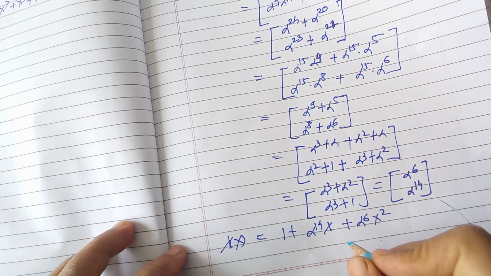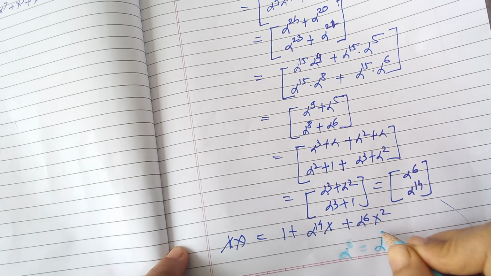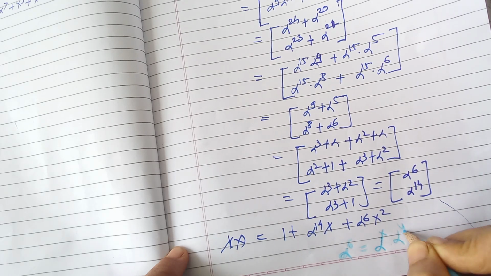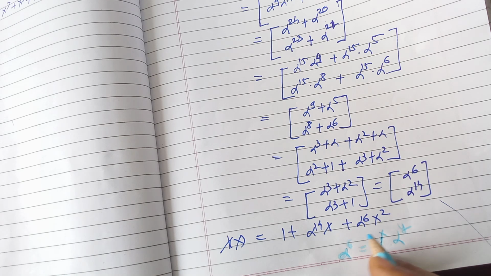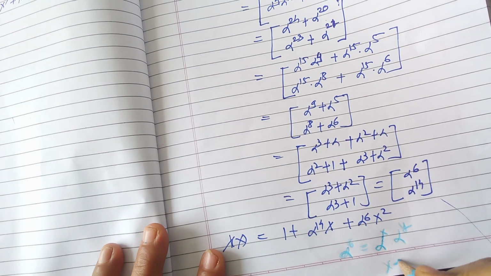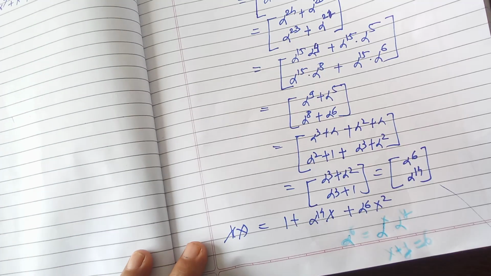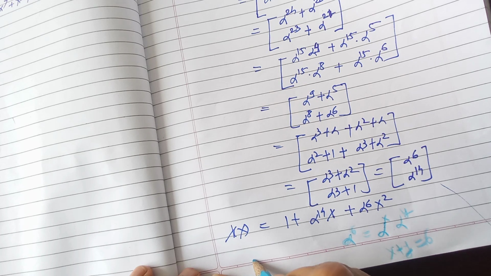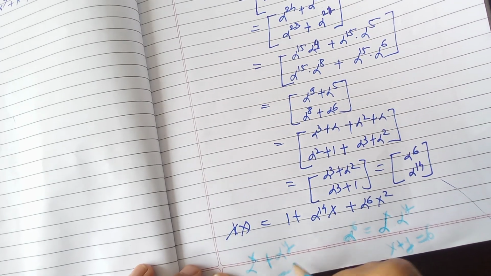So you have to find alpha 6 such that it is the multiplication of two alphas, with powers x and y which you don't know. This x plus y should be equal to 6. X plus y is equal to 6, and alpha x plus alpha y equal to alpha 14.